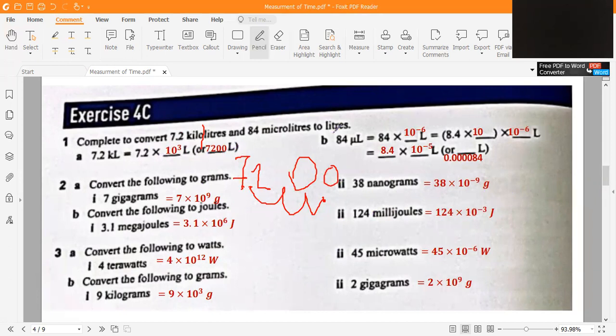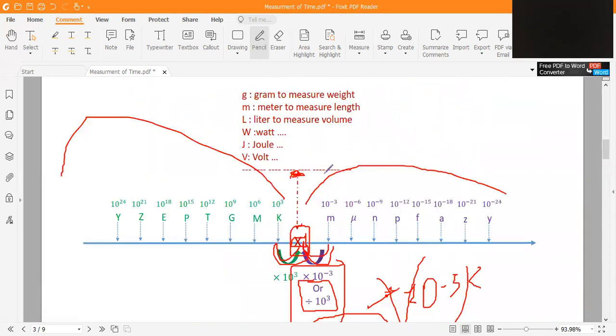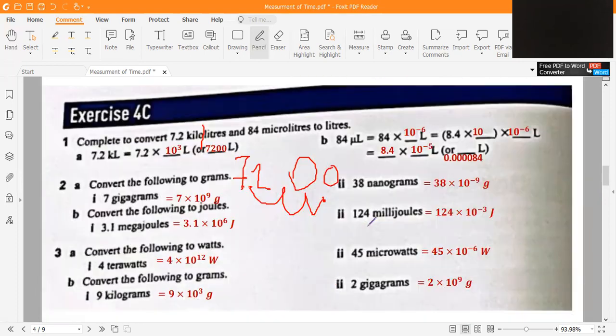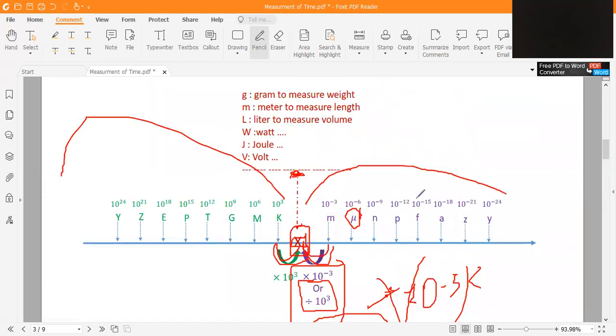7,200 liter. Here, for example, 84 microliter. Micro, so we are here. Okay, microliter, we are here, so we will move to have the equivalent quantity in liter.